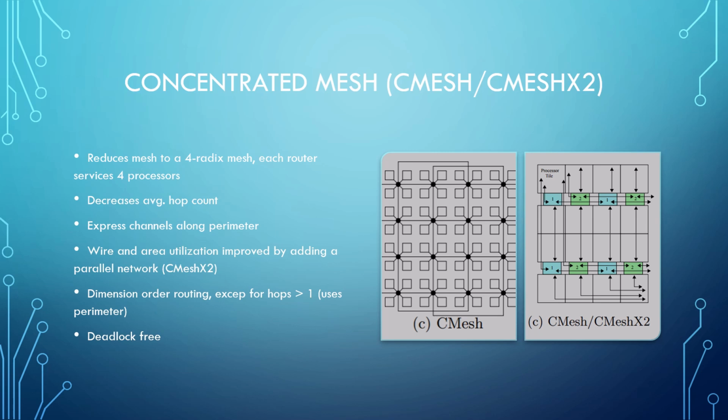So if there's more than one hop in the path, it can take the express pathway through the router, and it's deadlock free. Similar to the mesh we saw before, this can be implemented with 2 networks in a similar amount of space to improve performance. Again, we'll look at that more in later slides.